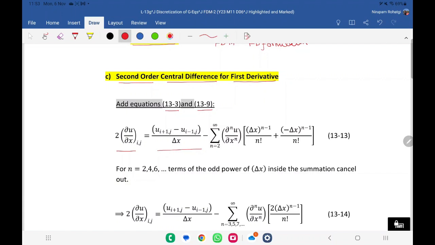In backward difference, you are subtracting u i minus 1 from u i. So basically they were using twice u i. That will go away and you'll have the forward and backward points only. And these terms will also add up.